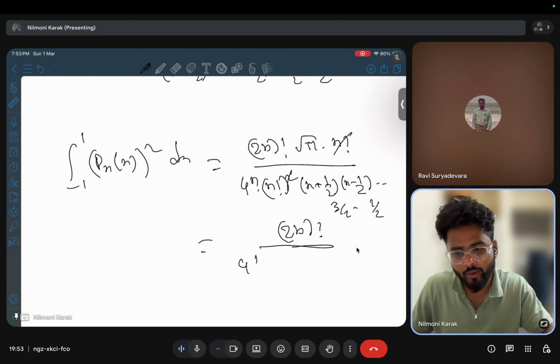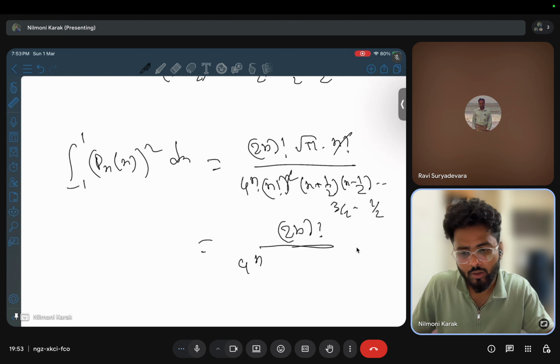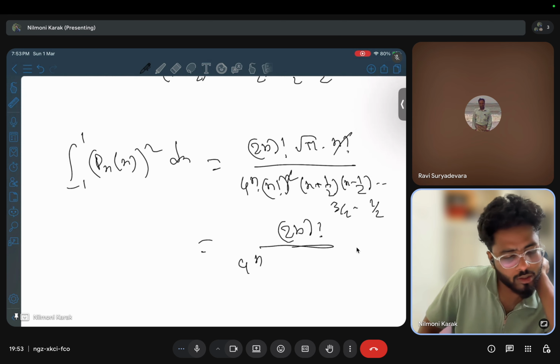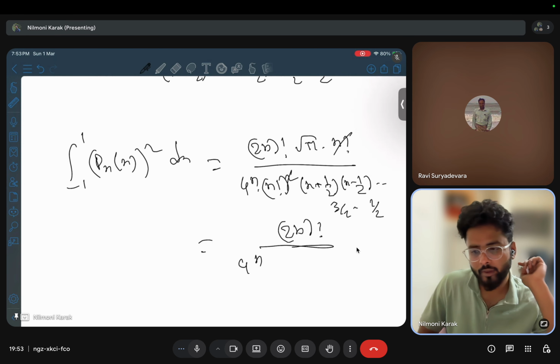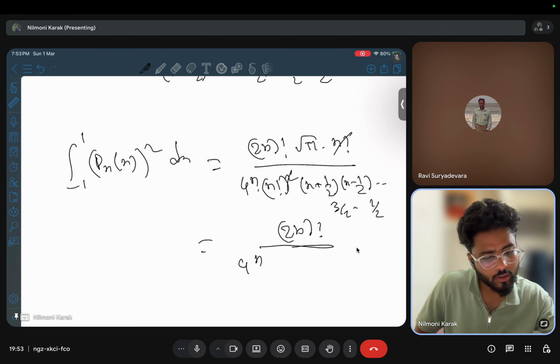So 1, n factorial and 1 is cancelled, and finally 2n factorial and 4 to the power n, and times n factorial.